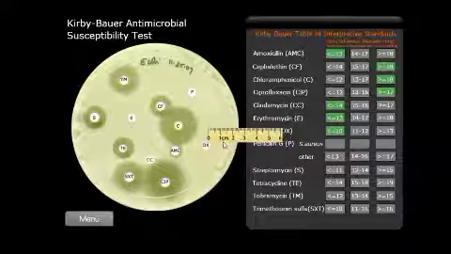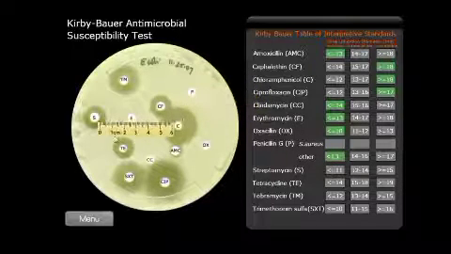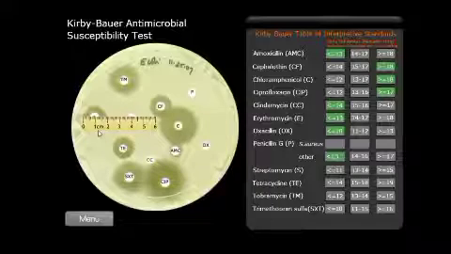P, 7, which is resistant. S, 18, which is susceptible.